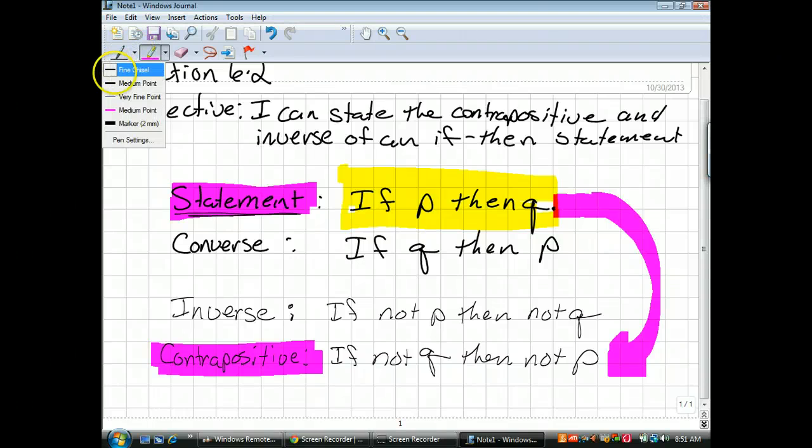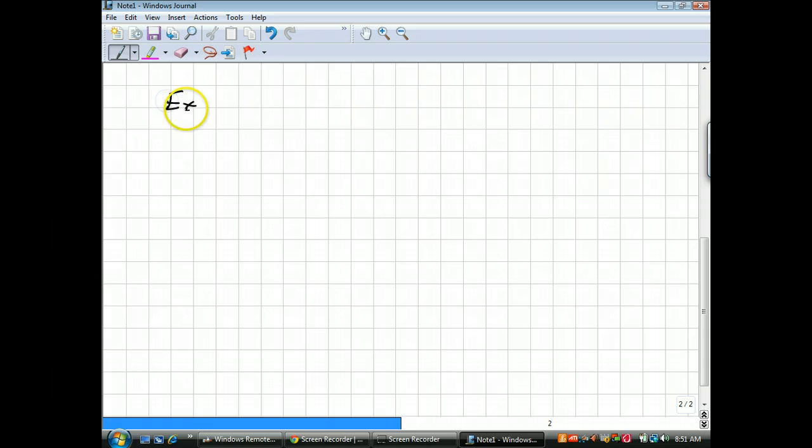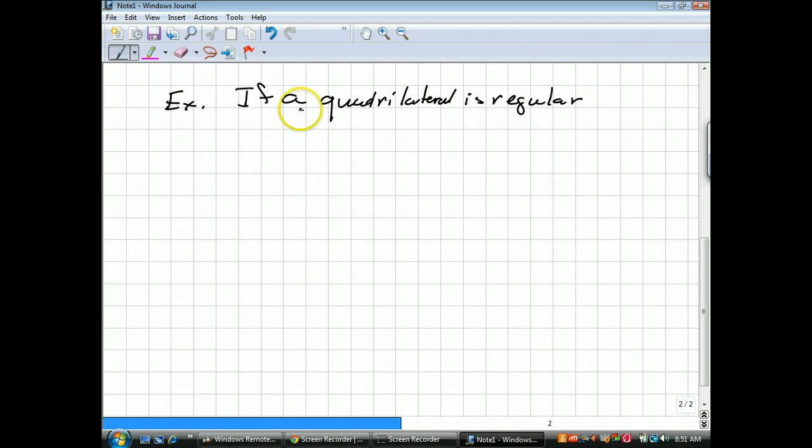So let's look at some examples here. Example. So here is my statement. If a quadrilateral is regular, then it is a square.